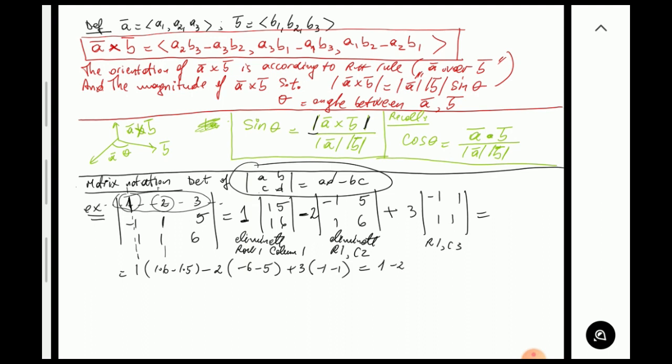Here we have minus 2 times minus 11. That makes it plus 22. And then 3 times minus 2, that's minus 6. 22 minus 5, that makes it 17. All right, so that's an example of a 3 by 3 determinant.